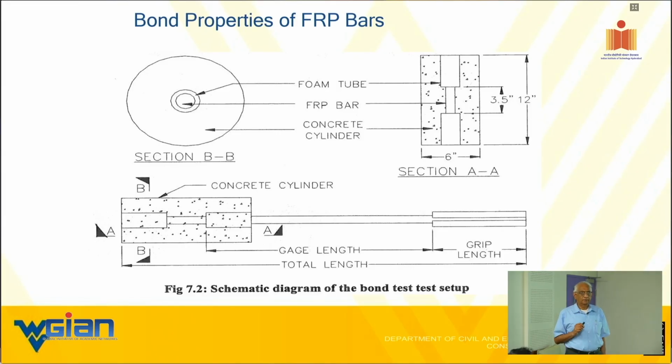Why? Two reasons. At least two, maybe more. Number one, when the force is getting transmitted from the bar to the concrete, that stress is much, much higher at the entrance than the stress at the end.